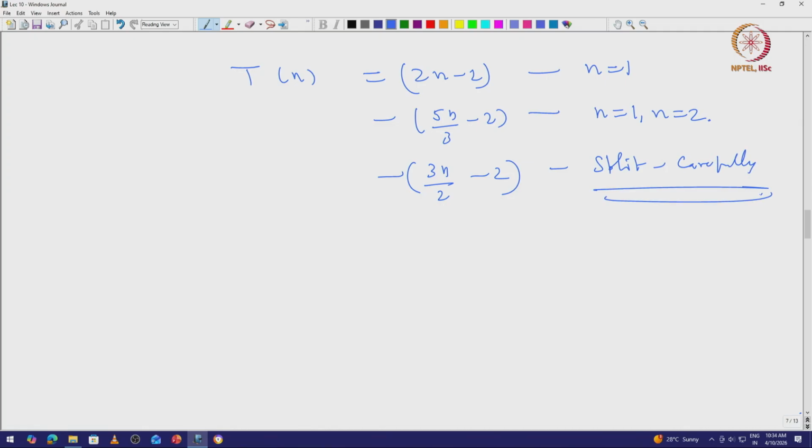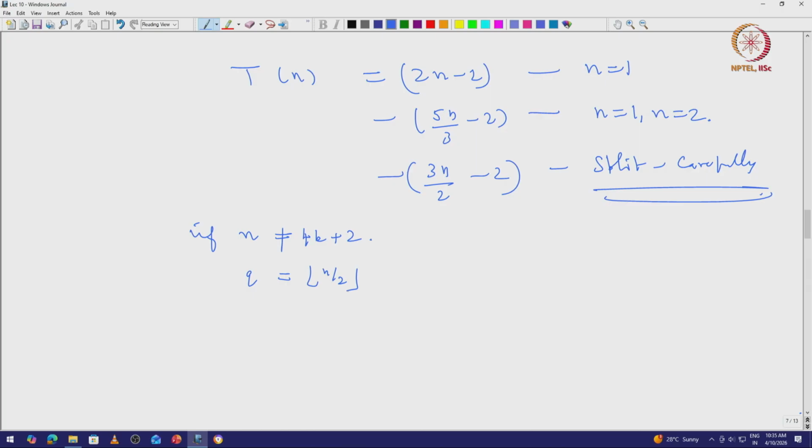So, how is the split defined? This is the way you are going to define the split. If n is not equal to 4k plus 2, q equal to floor n by 2.